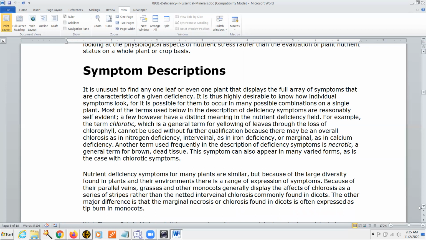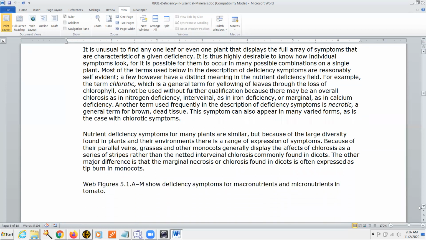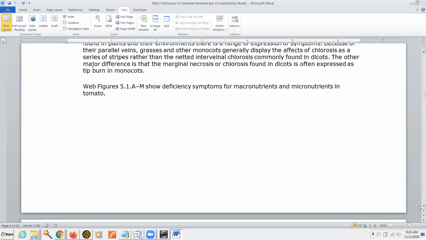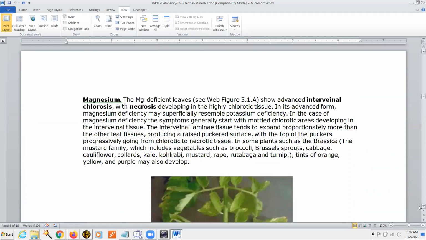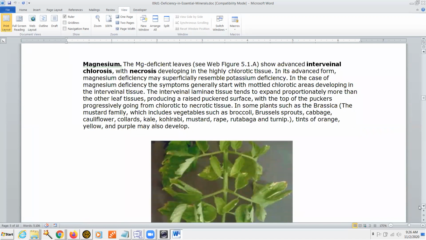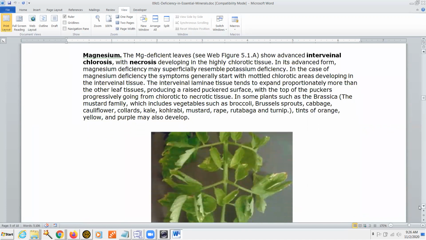Being able to describe symptoms using the proper vocabulary makes it much more possible to communicate the symptoms among the people responsible for managing your crop plants, or the pest control advisor, or the crop advisor who is helping make decisions on what to do about the symptoms you're observing.